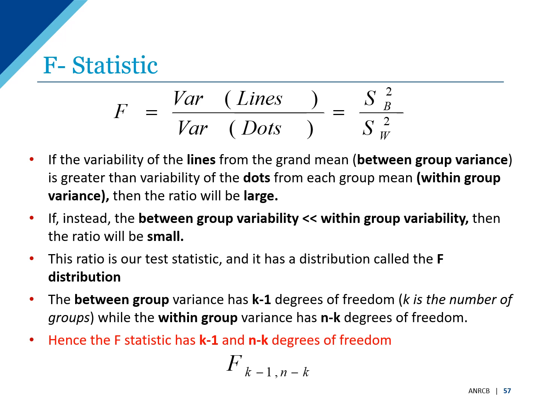This is the F statistic with an F distribution. The between group variance has k-1 degrees of freedom, and the within group variance has n-k degrees of freedom. Hence, the F statistic has k-1 and n-k degrees of freedom.